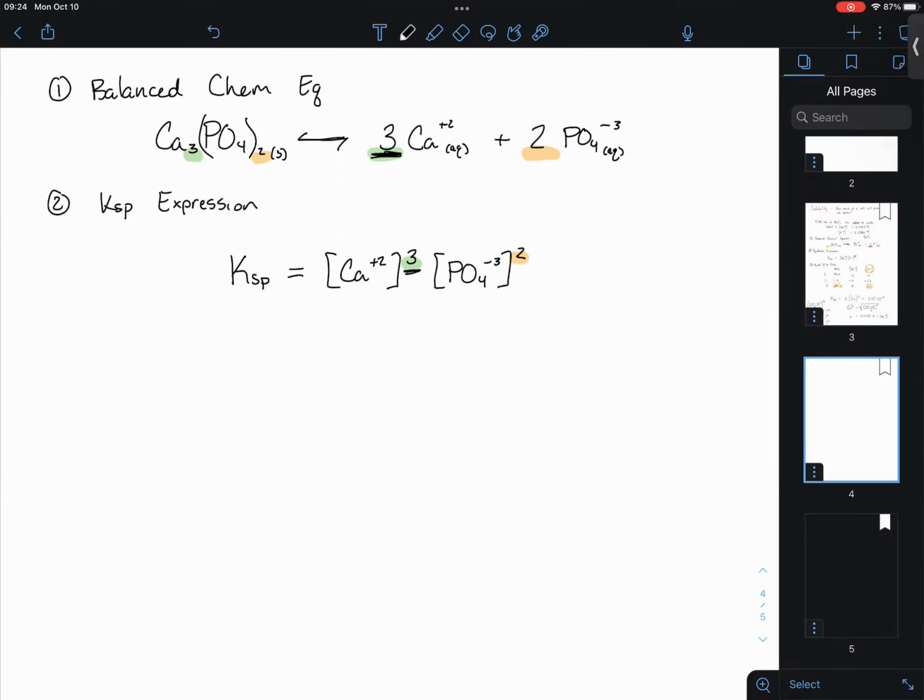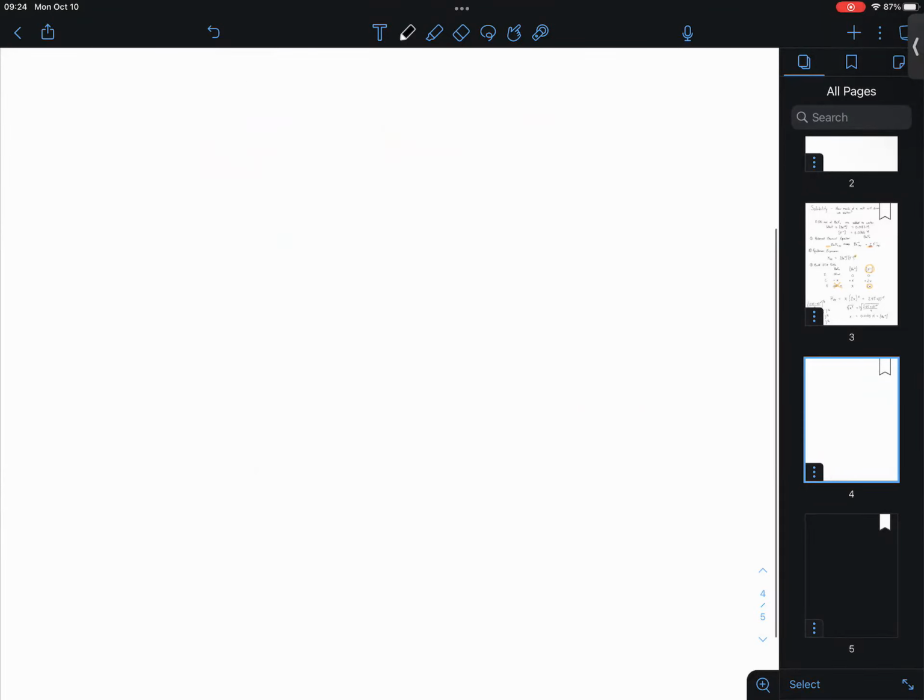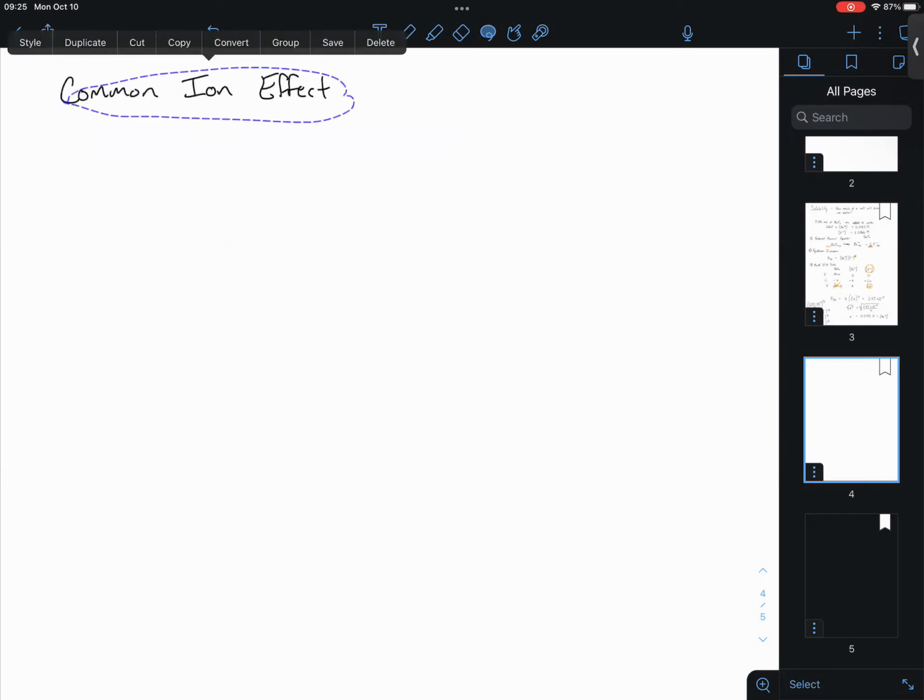Okay, so now we're going to go back to our calcium fluoride example, and we're going to explore something called the common ion effect. Actually, I'm probably going to need more room.